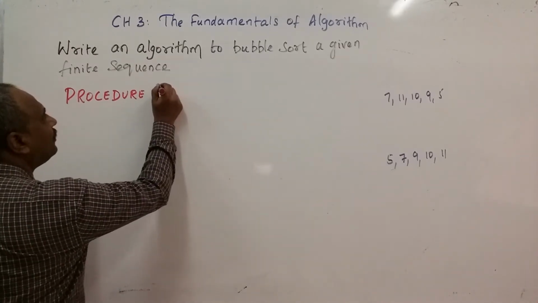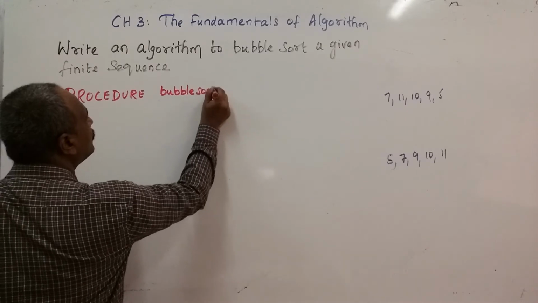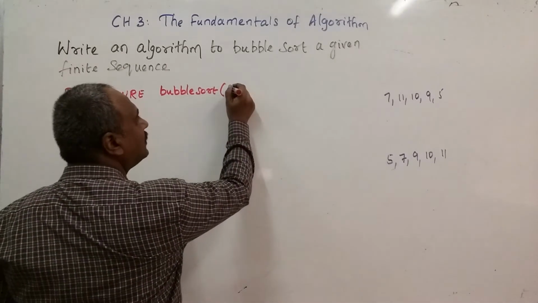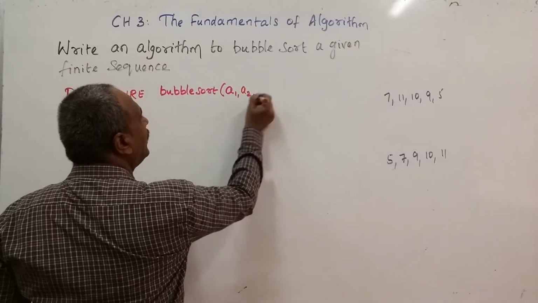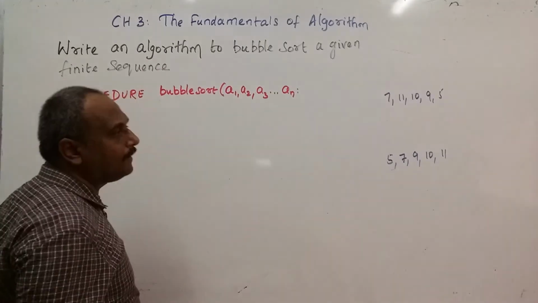What are we going to do? We are going to bubble sort. What are we going to bubble sort? We are going to sort the numbers A1, A2, A3 and so on, up to AN.